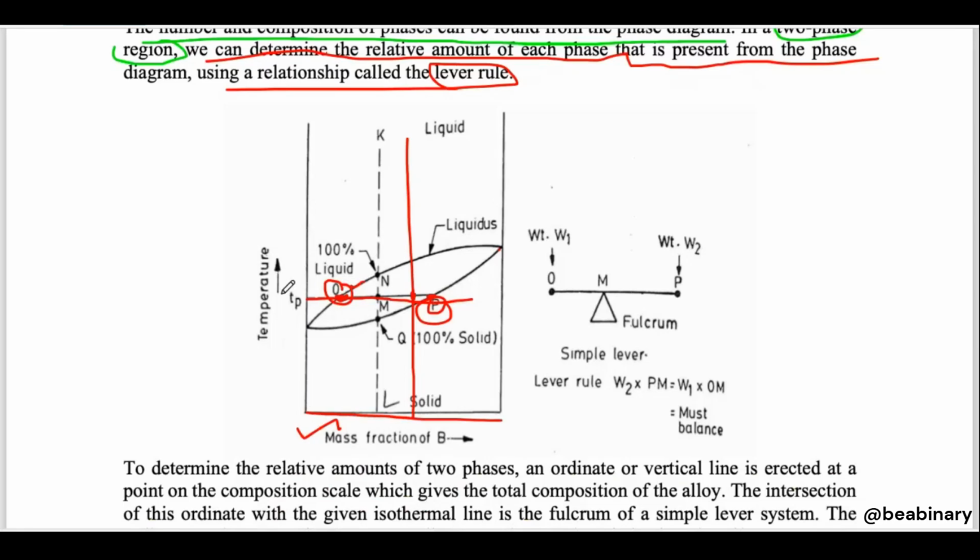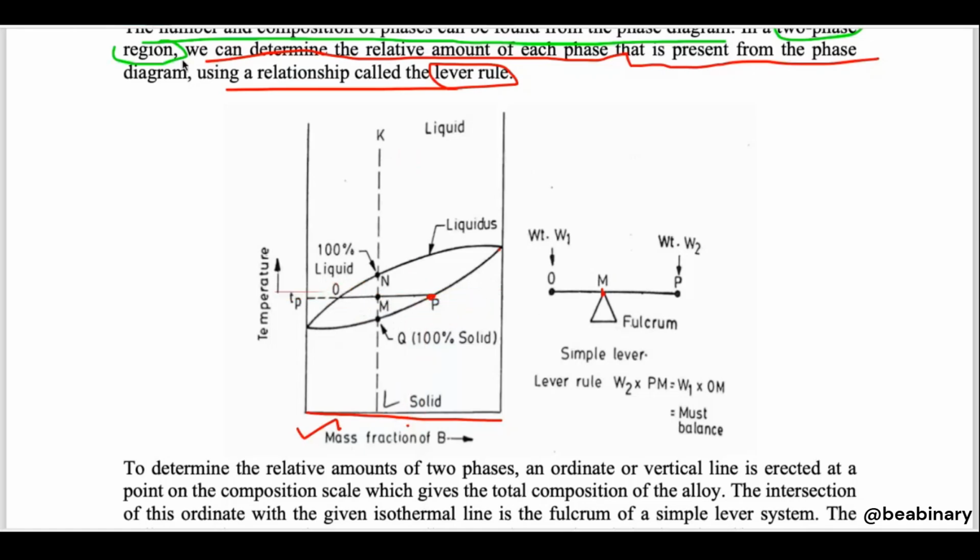You have drawn the temperature, and according to the temperature you have drawn this line. First define the temperature, then understand what your phase composition is. If you have a composition, draw the composition, then draw the temperature, and you will be able to define it. You have this line and this line, and the middle point where it cuts is known as your M. As you can see, this is the line from here to here.